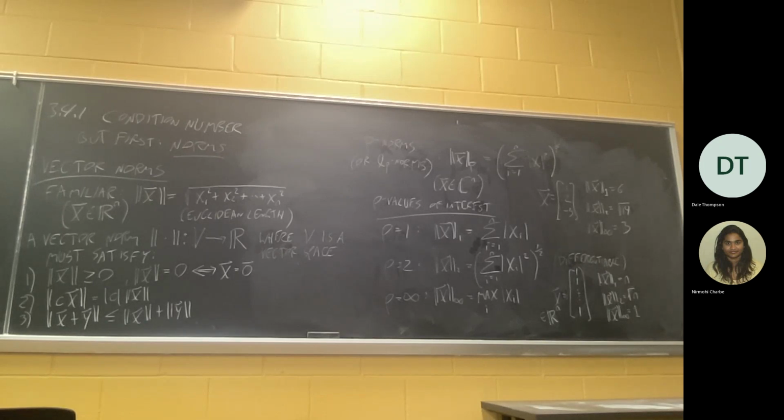So in general, the P norm would be n raised to the 1 over P power. I can make that statement in general. So as P goes to infinity, it's like n to the 0, which is 1.